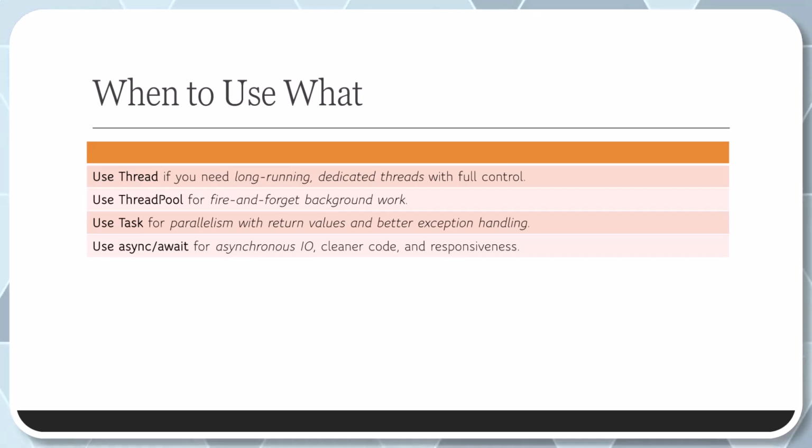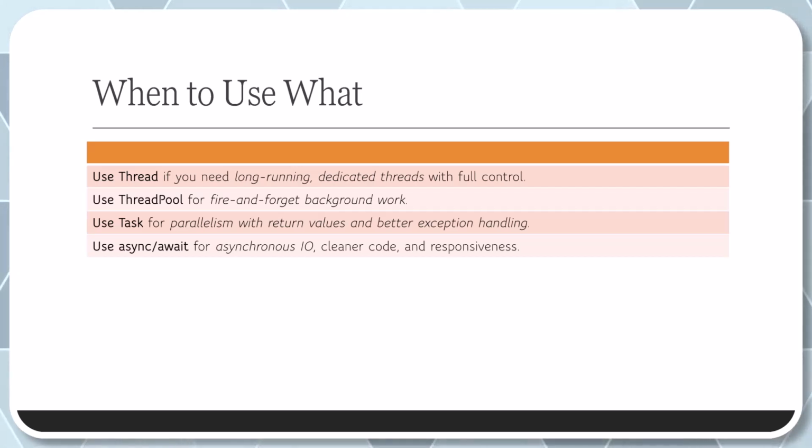Async await should be used purely for IO operations because your threads are used much more efficiently. The waiting thread is returned to the thread pool immediately, and is available for other tasks.